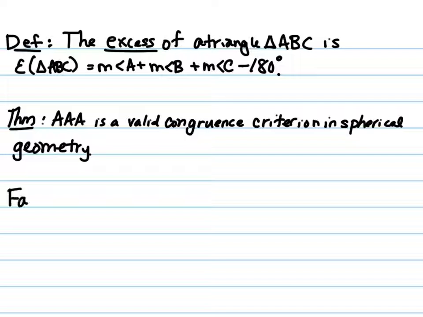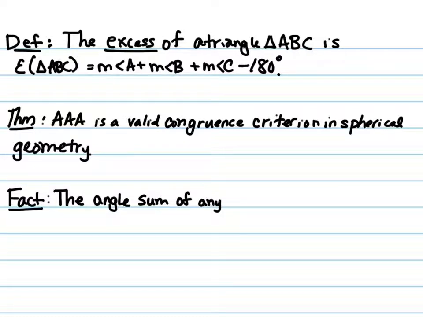One more additional fact, very similar, and it will come as no surprise given the one we just did, is that the angle sum of any quadrilateral in spherical geometry, what do you suppose we can say about it?